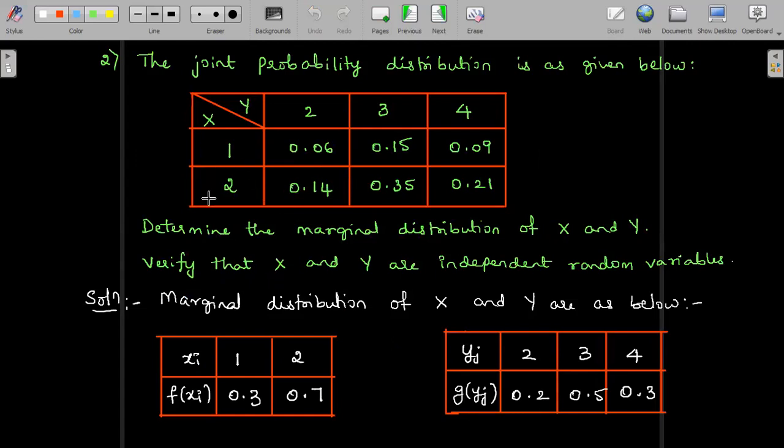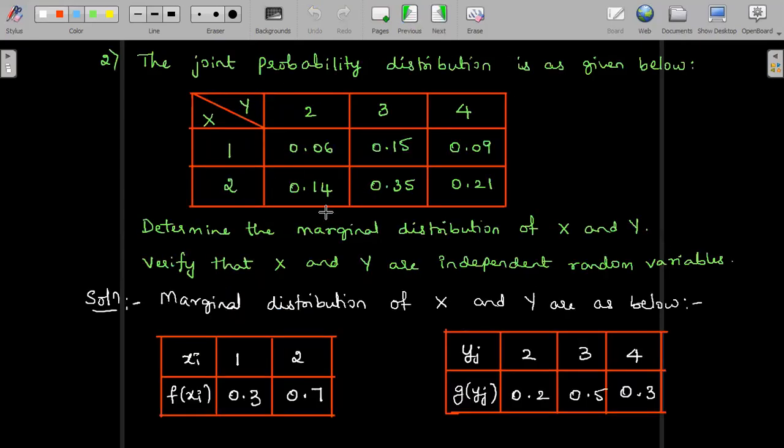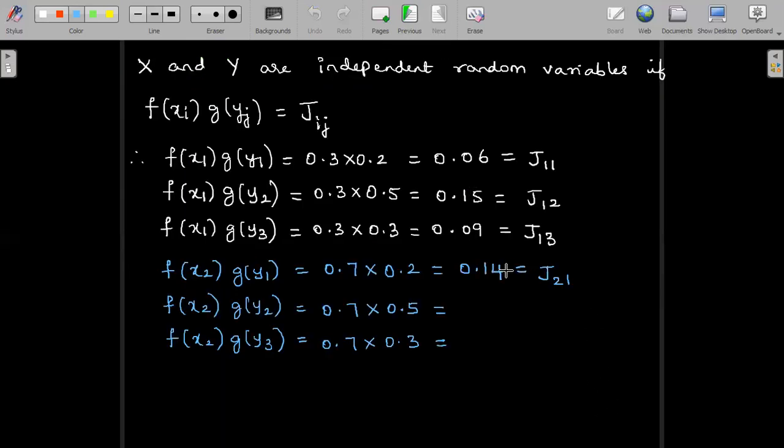Because I have taken x equal to the second value, x2, and y the first value, y1, f of x2 and g of y1 should be equal to j21, and j21 from the joint probability distribution table is 0.14.